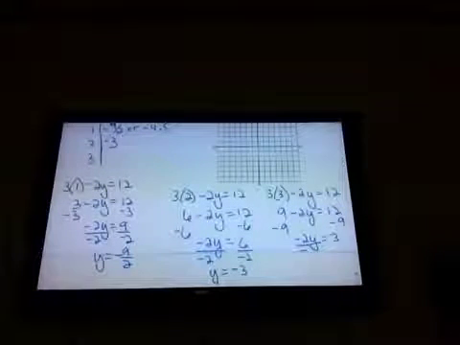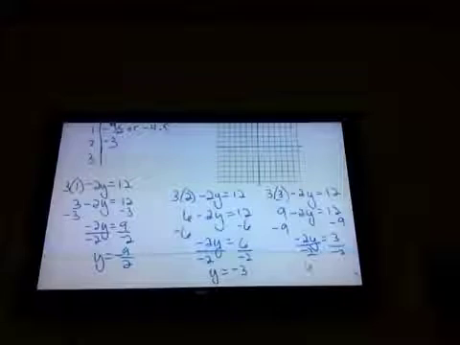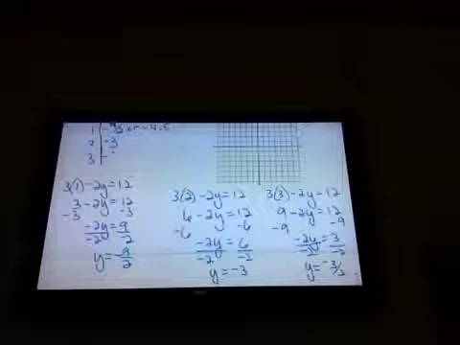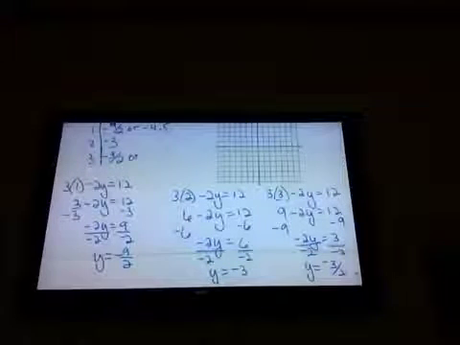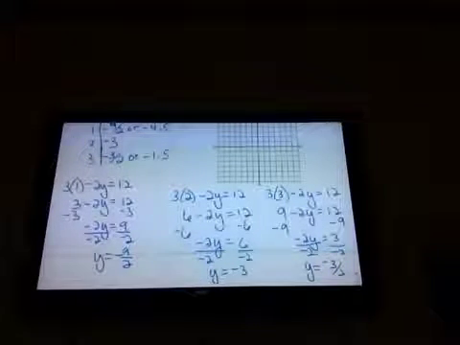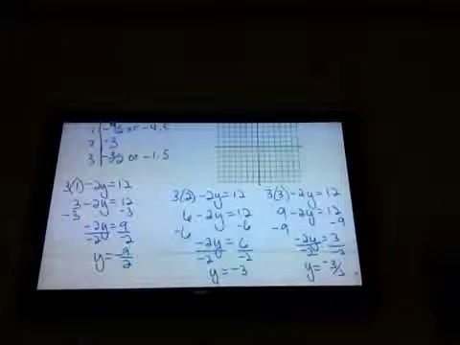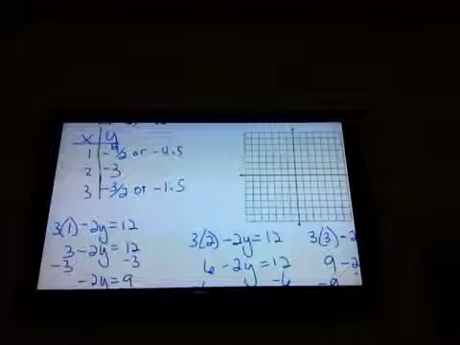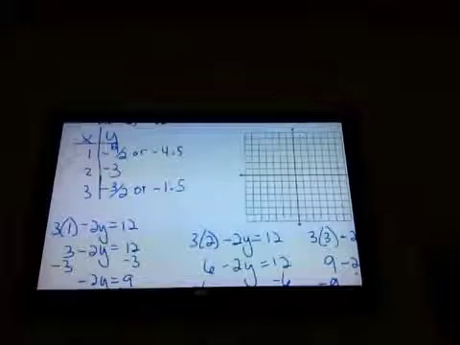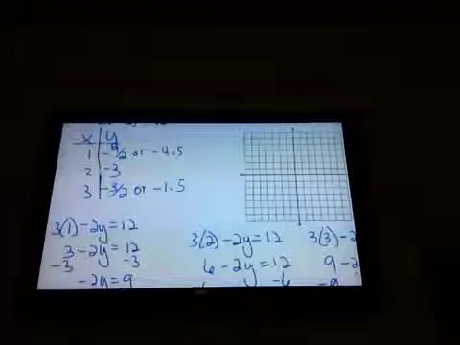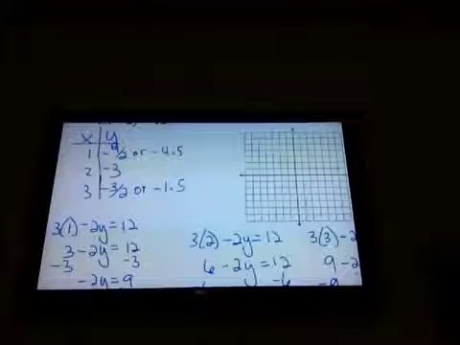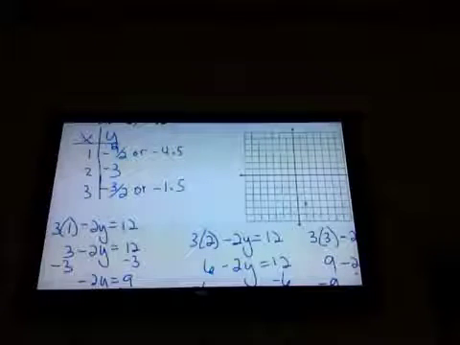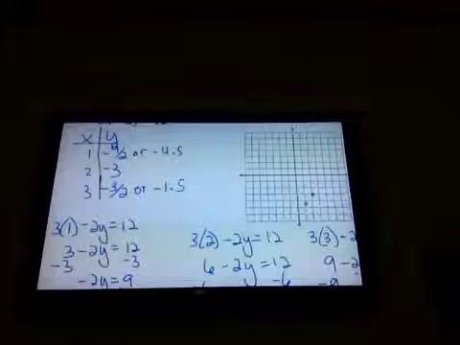And divide by negative 2. And y is a negative 3 over 2. Or in decimal form, negative 1.5. Again, I don't have a preference which way you do. So 1, negative 4.5. 2, negative 3. And 3, negative 1.5.